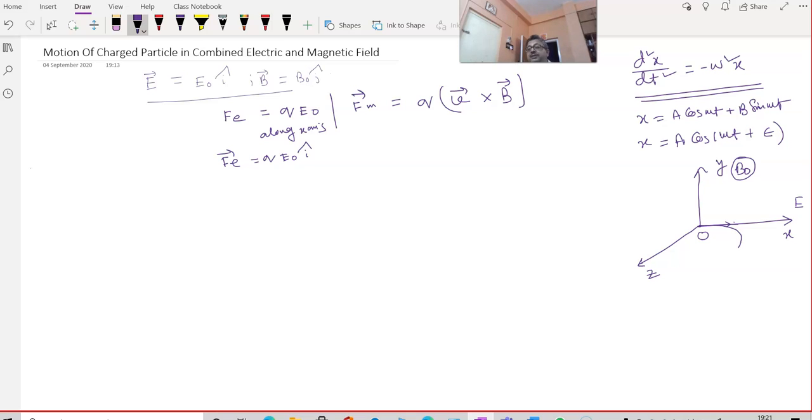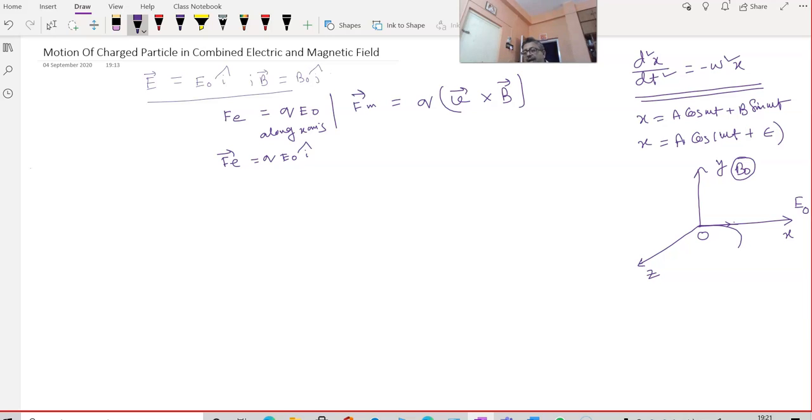At least initially it will try to do so, because electric field is acting. Motion will not be uniform in that manner. It is a critical case here. But it is sure that as soon as it starts its motion along x-axis due to electric field, the magnetic field starts deviating it. The magnetic field will try to compel it to move in the xz plane. So this is the catch.